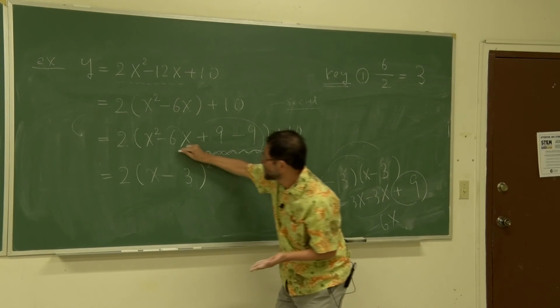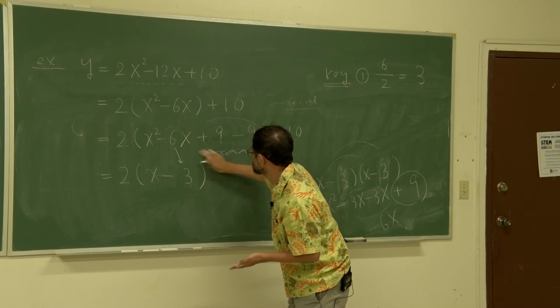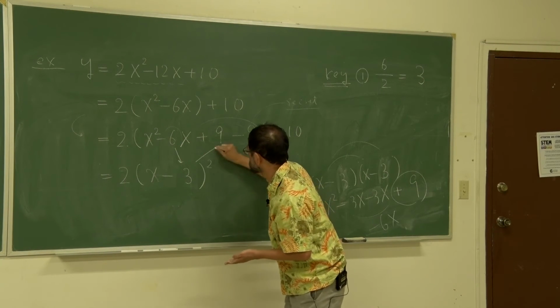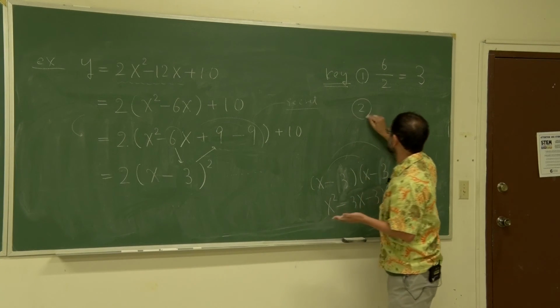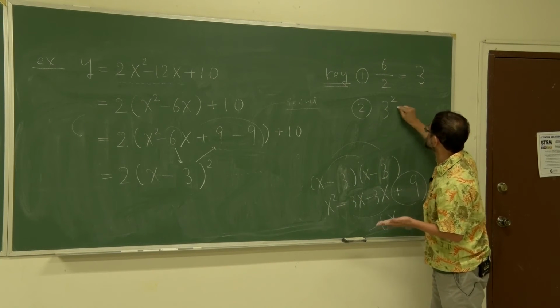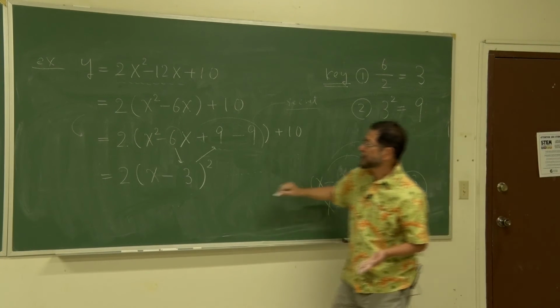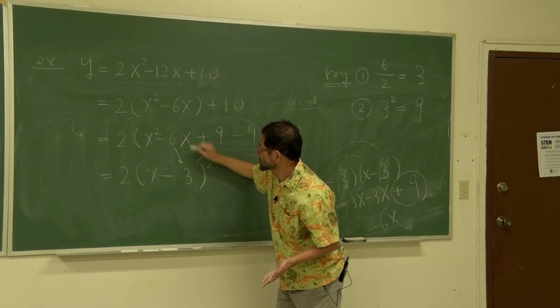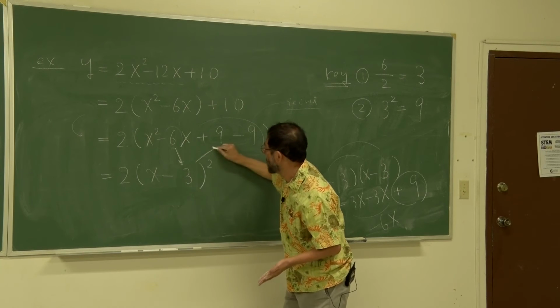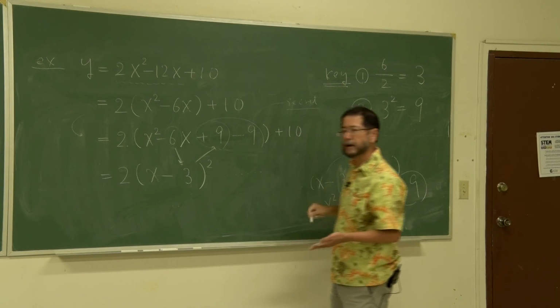Then this 3 tells you what's missing: the second thing you do is square this 3 to get 9. So looking at this 6, you really have to go through this and then go back to get 9. That's why this is very hard.